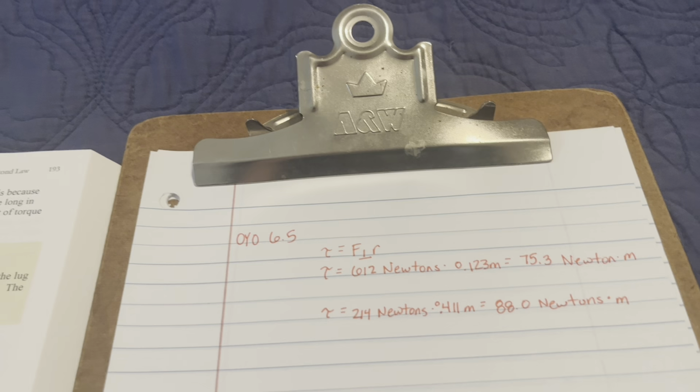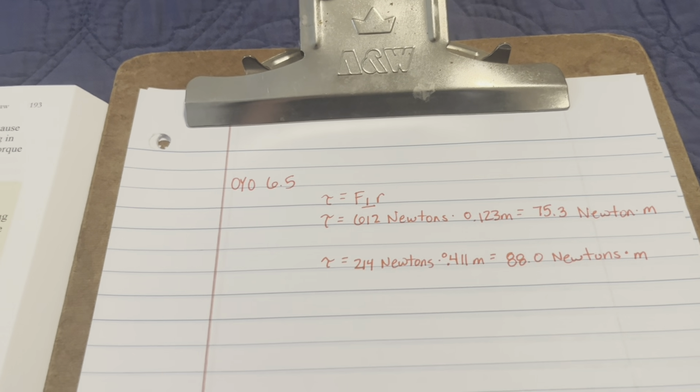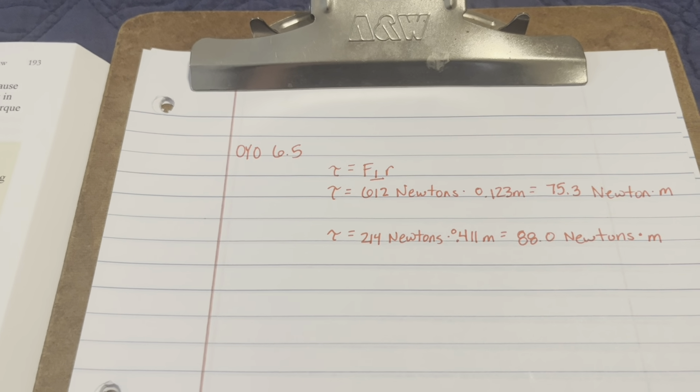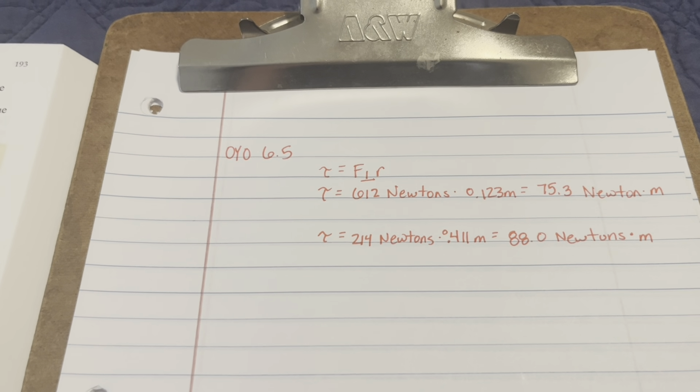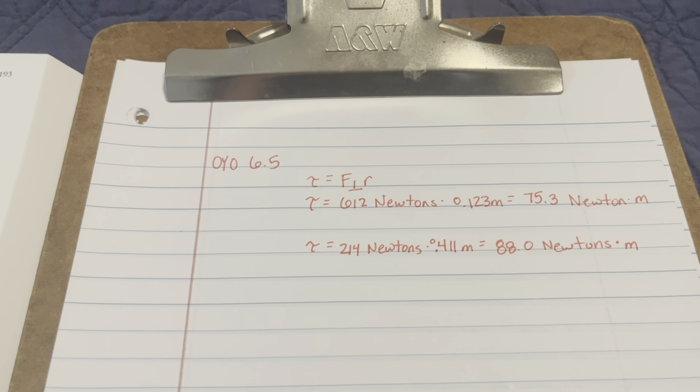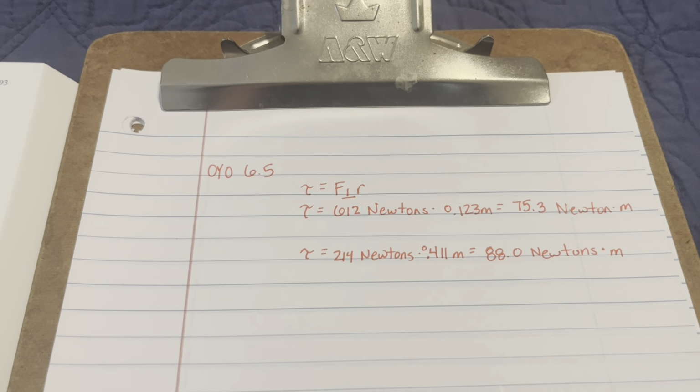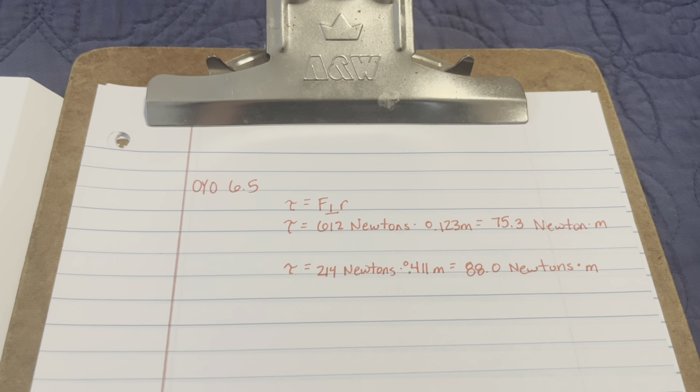So even though the father is stronger, the daughter is going to be able to apply more torque because the wrench that she's using has a longer lever arm. So she's more likely to get the nut unscrewed, okay?